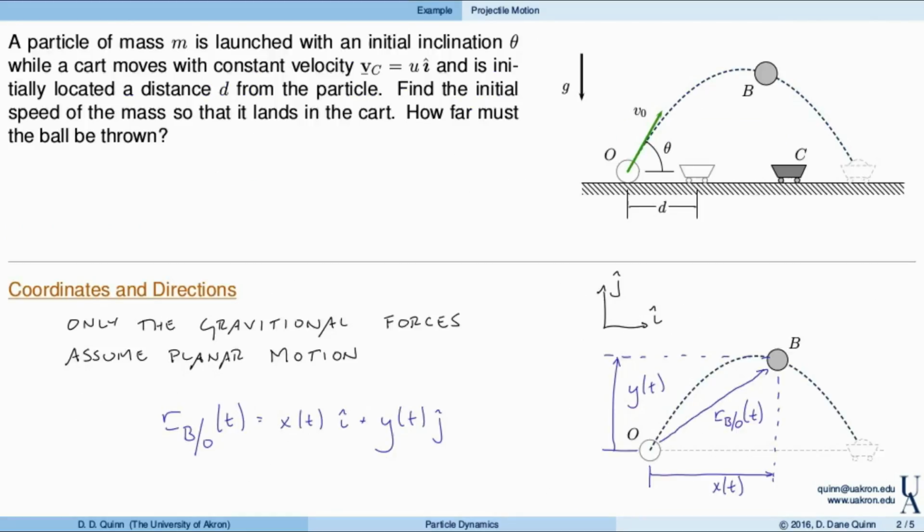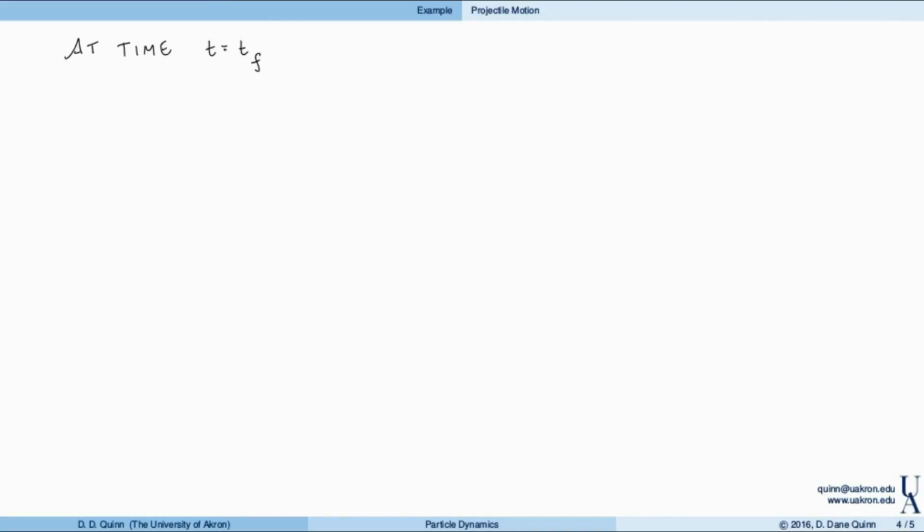Right, so let's go back and look at that initial figure. Initially, the ball is over here, the cart's here, the ball moves up and then back down, the cart moves over, and we see that at this final time, the position of the ball is identical to the position of the cart. So at that specific instant in time, t equals t final, the ball lands in the cart.